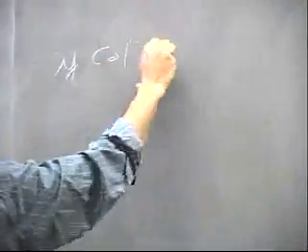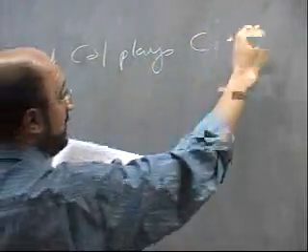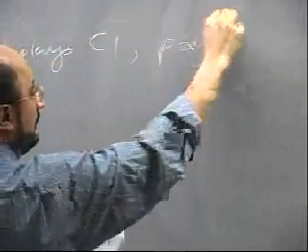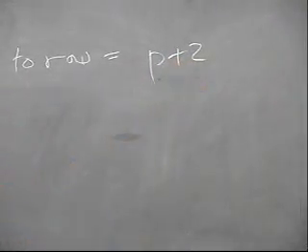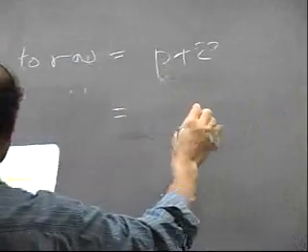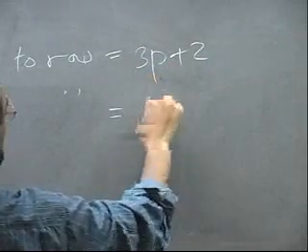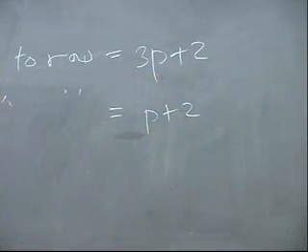If column plays C1, then the payoff to row equals P plus 2. That's just simplifying the expression. If it plays C2, the payoff to row is going to be 3P plus 2, this is going to be P plus 2. So you just simplify.